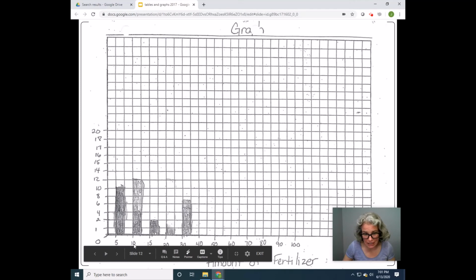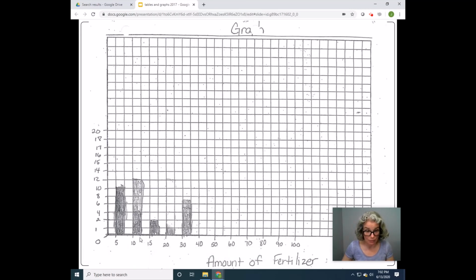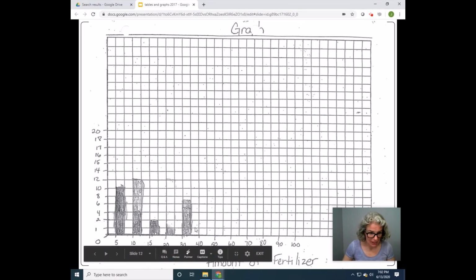It's almost like this person started to make a line graph because of where they placed their numbers, and then midstream switched to making a bar graph. Another mistake is just how sloppy it is. What is this? Is this saying 1 gram or 1.5 gram? It's just way too sloppy. You can't interpret what it says.